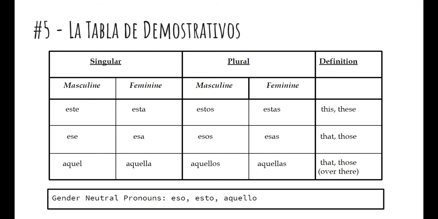Now, they do happen to have a couple of gender-neutral pronouns. These won't show up with adjectives because you're never going to have a noun in there if you don't know what it is. These are gender-neutral pronouns, and very rarely in Spanish do you ever reference anything as gender-neutral. Most of the time, it's like default masculine. If it's a group and you don't know which to go with, you default masculine. However, in this case, they do provide an option for if you don't know what the gender of a thing is.